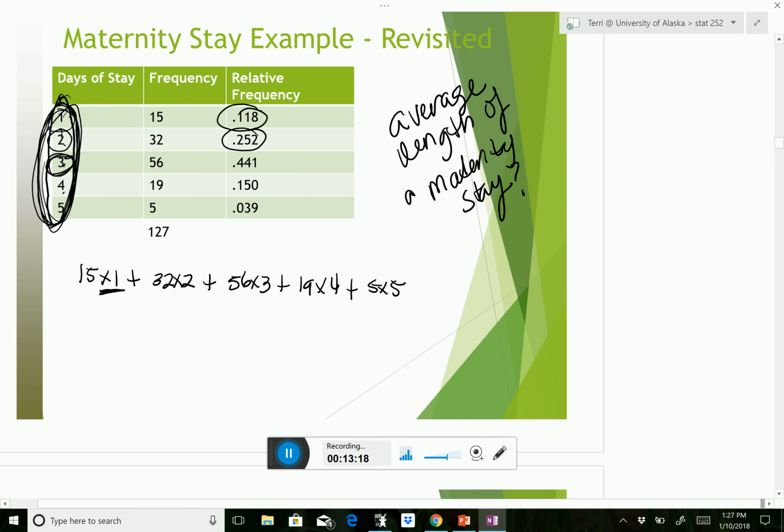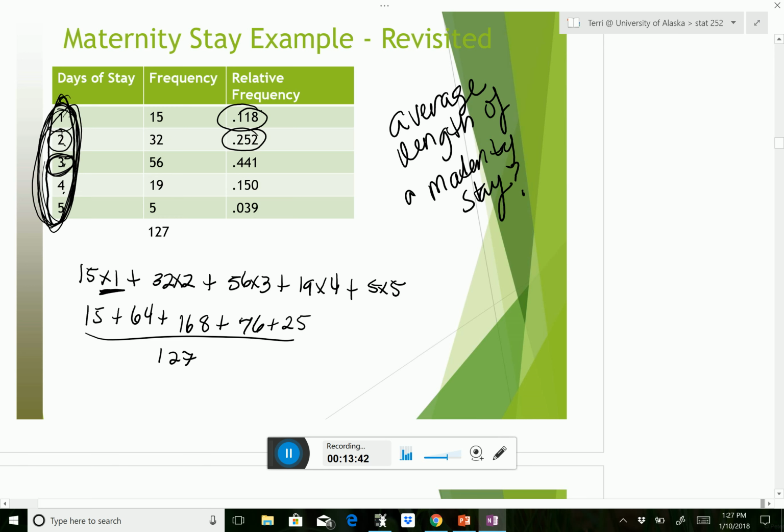So 1 plus 1 plus 1, or 15, plus 64, plus 56 times 3, that's 168, 76, and 25, over 127. So that's how we would find that average.